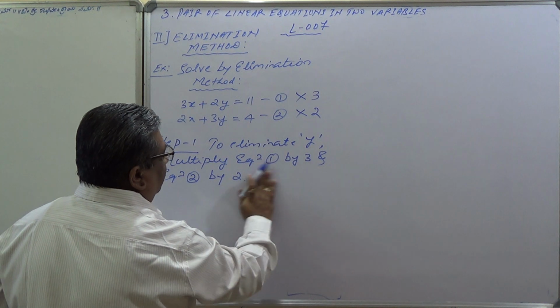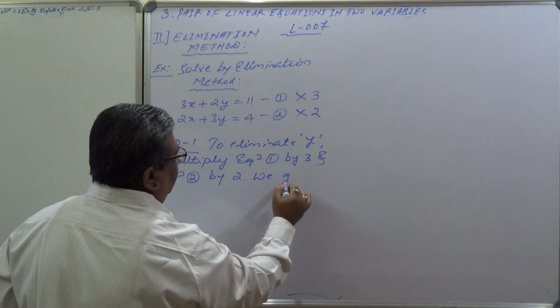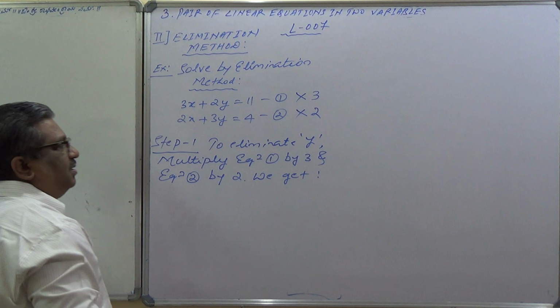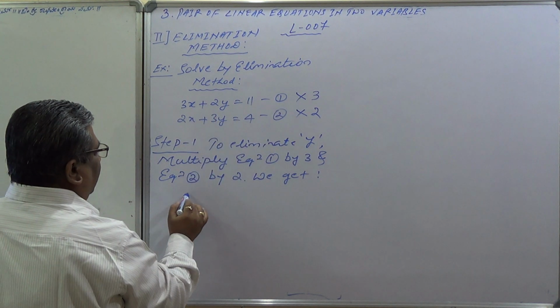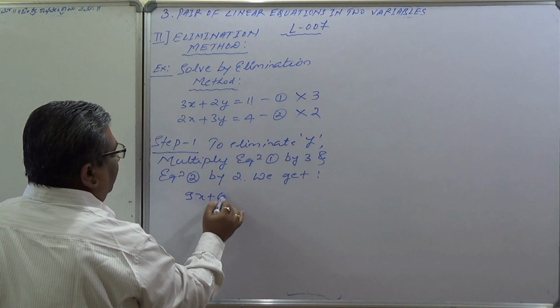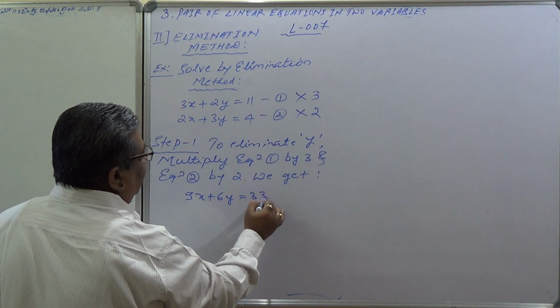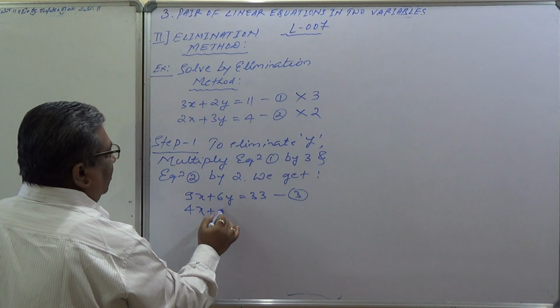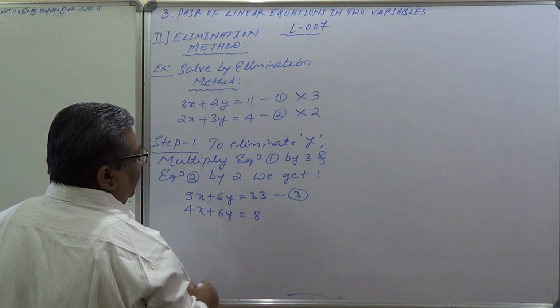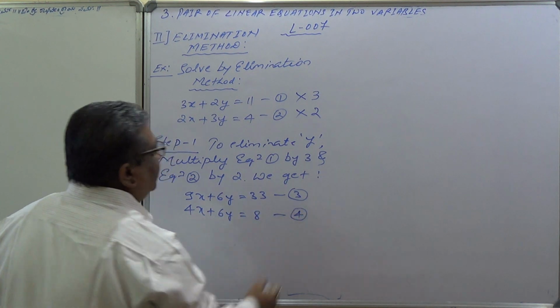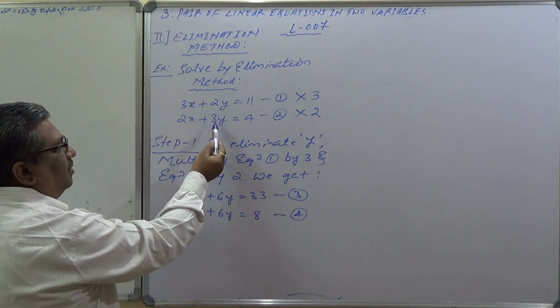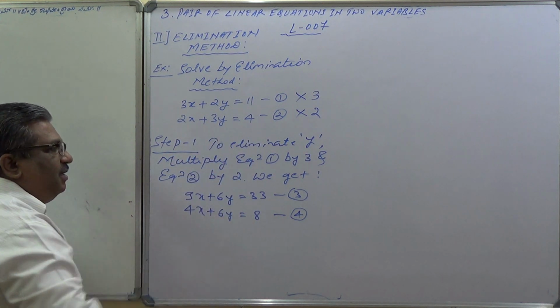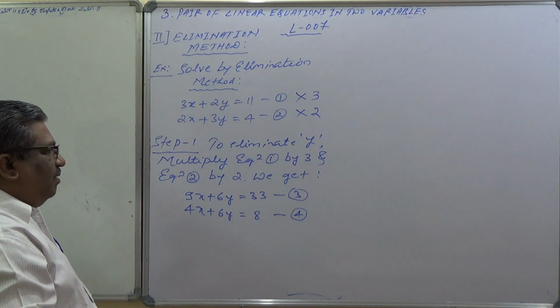We get 3 times 3, 9x plus 6y equals 33, take it as 3. And 4x plus 6y equals 8, take this as 4. Check it: 2 2s are 4, 3 2s are 6. These are the two equations. What will we do now?